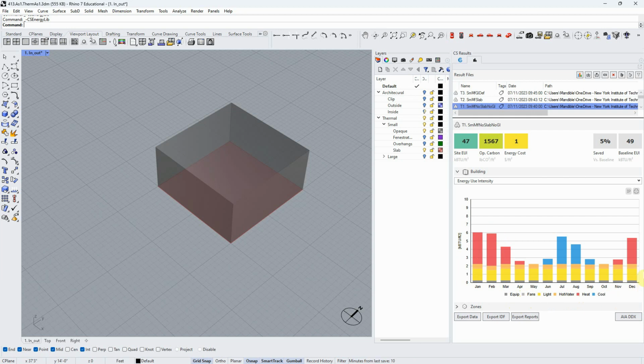We can get some quick information right away from this. We can see that we have a pretty big lighting load. Lighting power density would have to be knocked down, or maybe we can add some windows. We have no windows in this building, so we might add some and be able to have more daylighting, and therefore maybe lower our lighting power density.